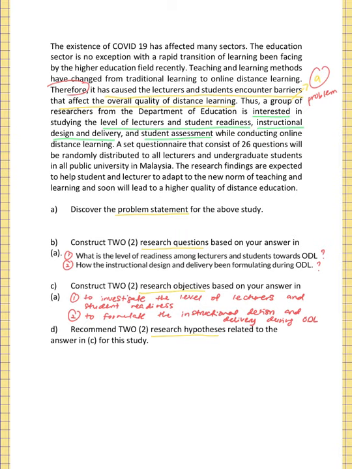So kita boleh tambah satu lagi research objective, number 3. Tadi kita nak tengok lecturer and student readiness, and then how instructional design and delivery affect the ODL. Satu lagi, the student assessment while conducting online and distance learning. So apa yang kita boleh develop kat situ?